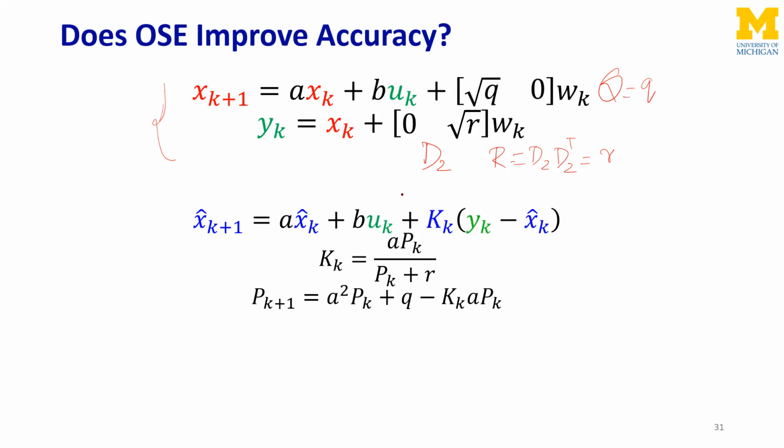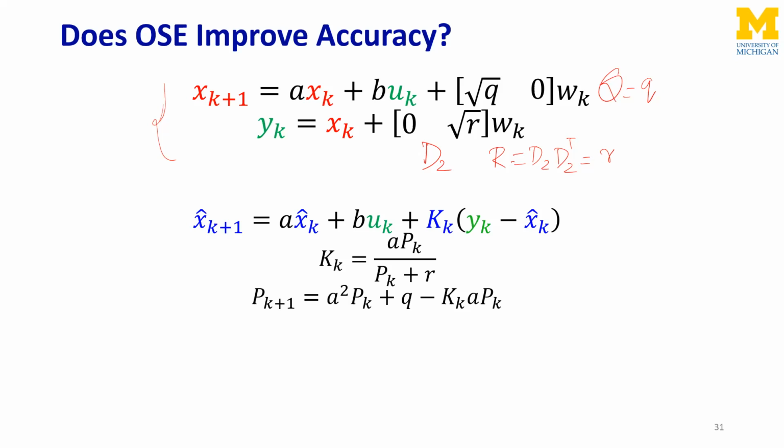Using all this data, we can construct an estimator. We replicate the original dynamics, where the optimal gain Kk is given by this expression, and the state error covariance is propagated using this expression.